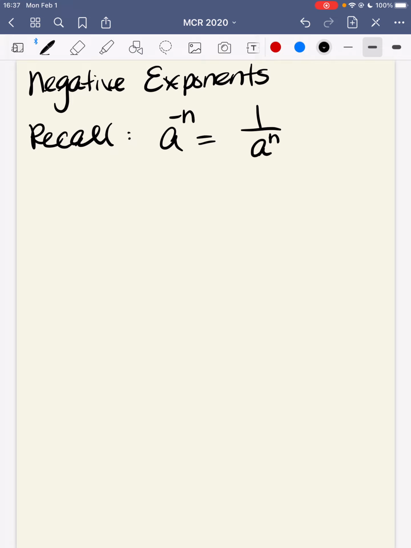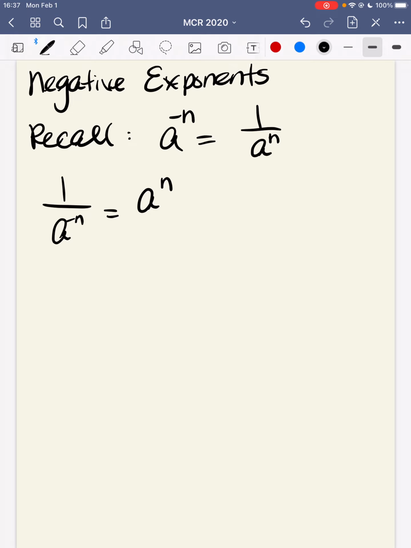If we have the exact opposite, and we have a negative exponent in the denominator, it's going to become a positive a to the n. This is what's going on.